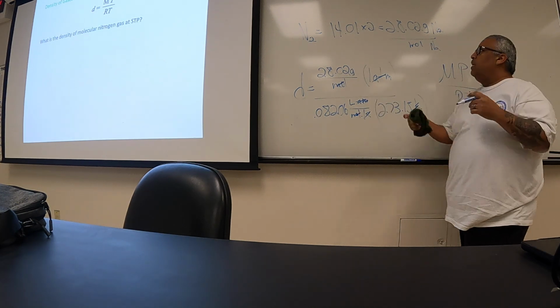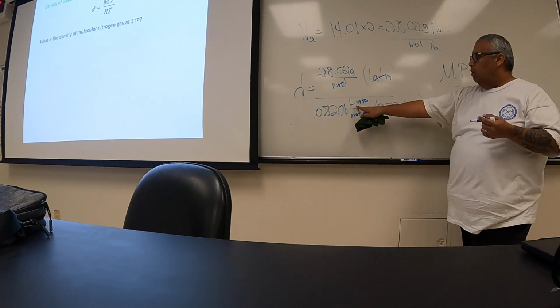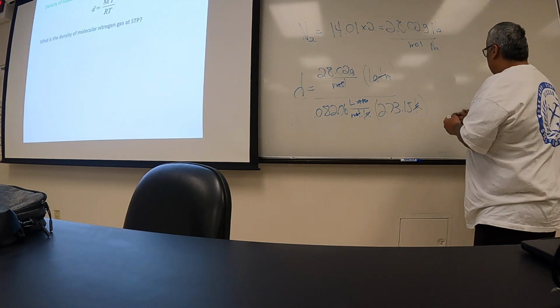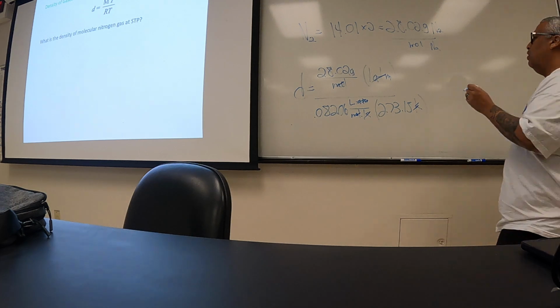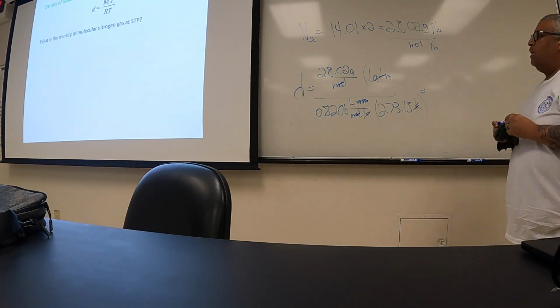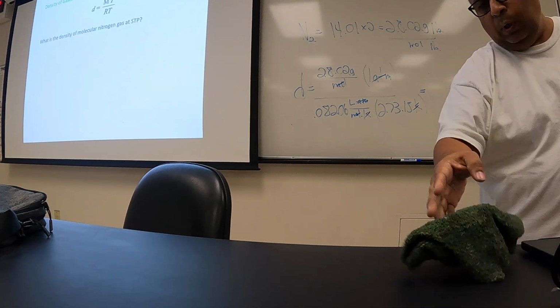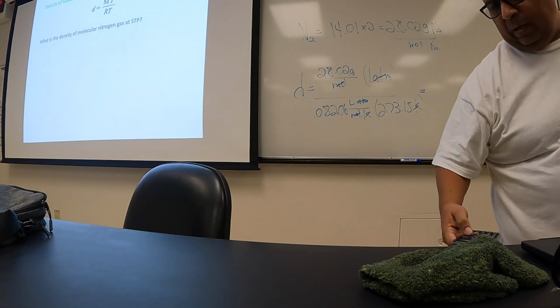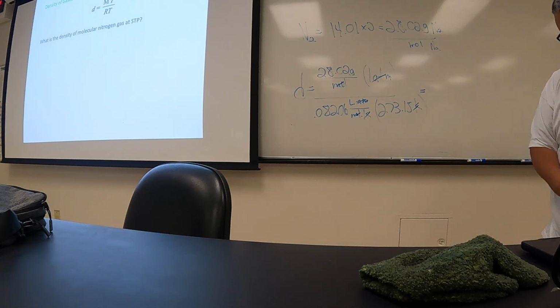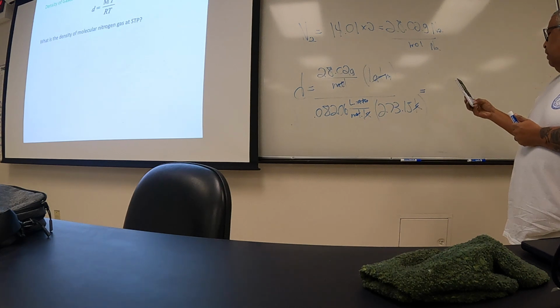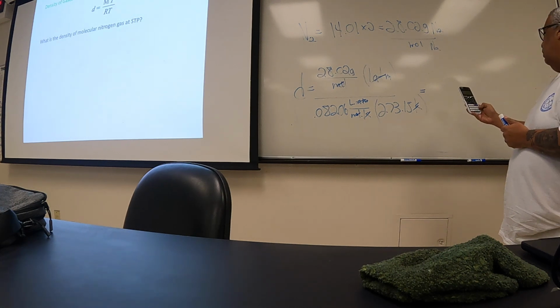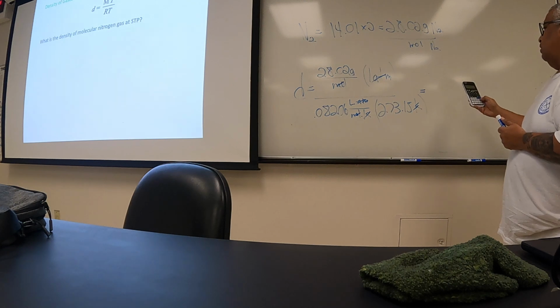And this is going to be in grams per liter, right? And density it is mass over volume, so we can use that there. It's not necessarily asking us to convert it to milliliters, so I think we're just going to go ahead and leave that in liters. But we can now calculate this out. So 28.02 divided by 0.08206 divided by 273.15.